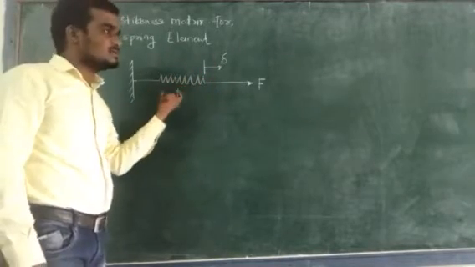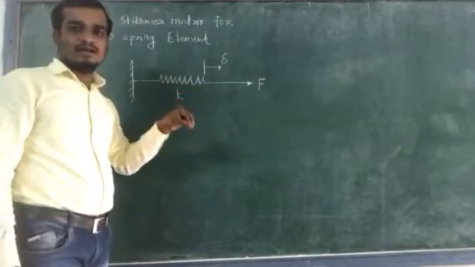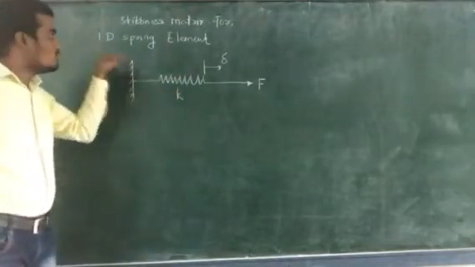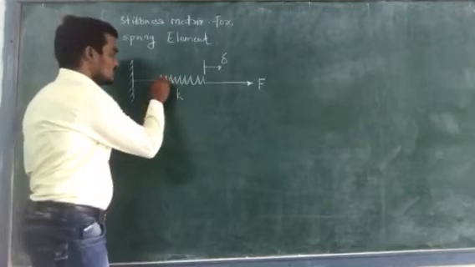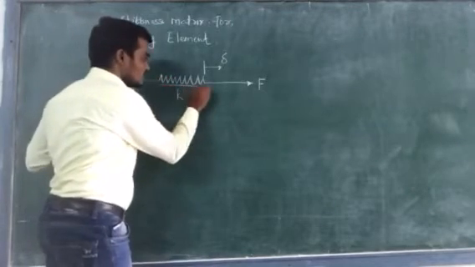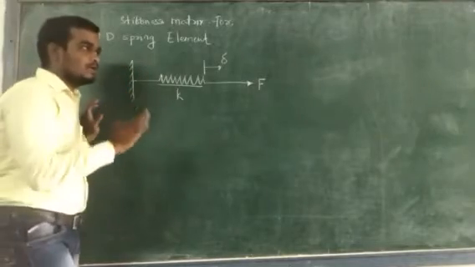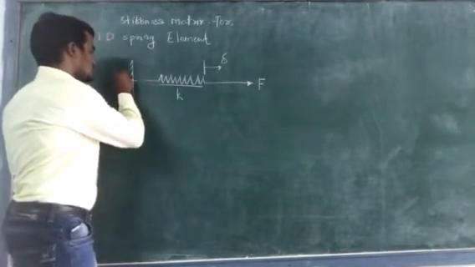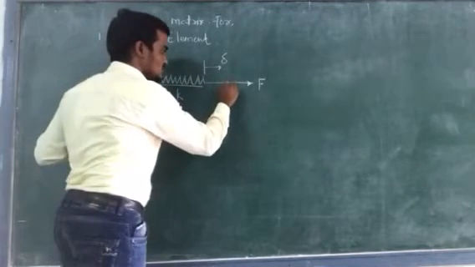Discretized means converting the entire domain into a finite number of elements. Here we are considering a one-dimensional spring element. For a one-dimensional element, there are 2 nodes: this is the first node, and suppose this is the second node.